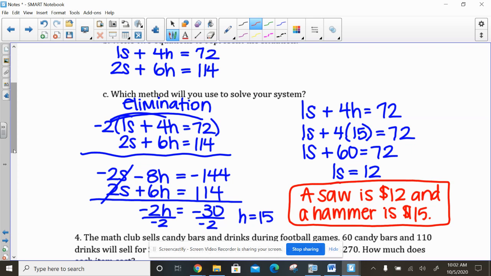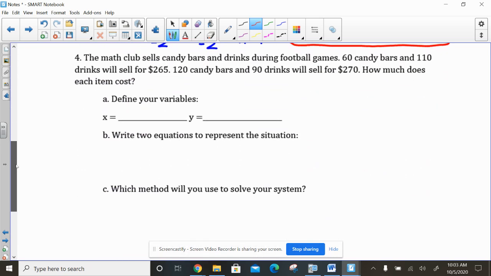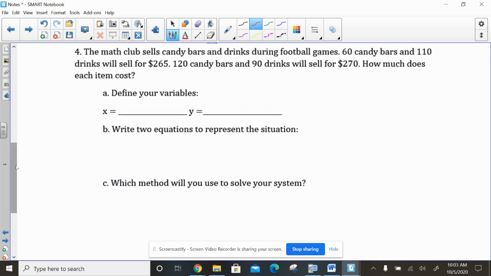And then we're going to look at one more example. Example 4. The math club sells candy bars and drinks during football games. 60 candy bars and 110 drinks will sell for $265. 120 candy bars and 90 drinks will sell for $270. What does each item cost? I know I'm talking about my candy bars here, so I'm going to say that's a C. C equals the cost of candy.